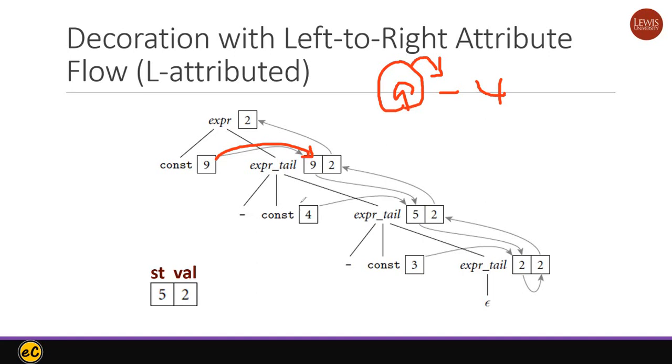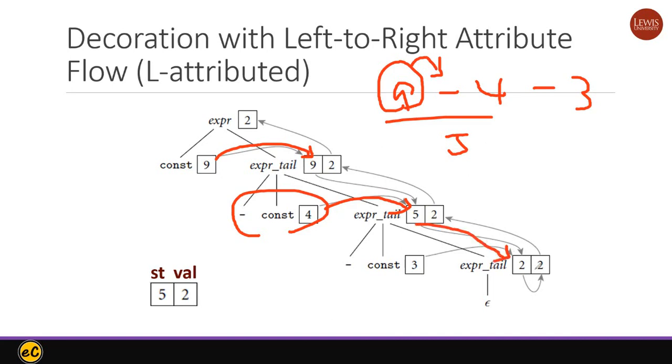And here you do have 9. So 9 minus 4 becomes 5. So this 5 is passed to the expression tail. There's another minus and 3. So this one is a 5, and 5 passed down to here is 5 minus 3. You pass down 2 to the tail.